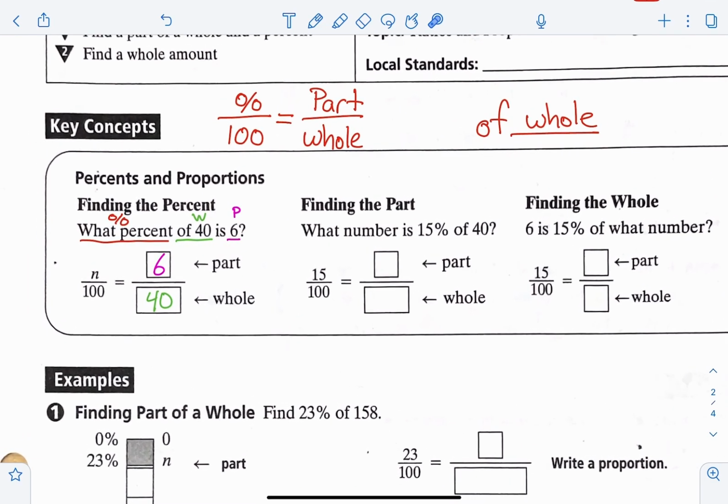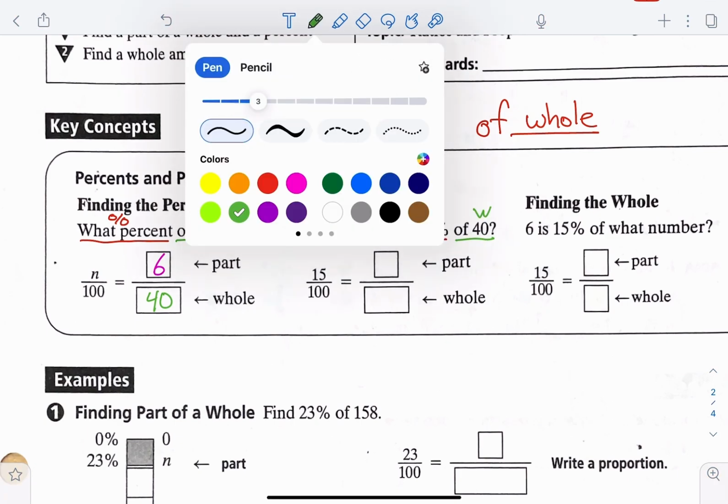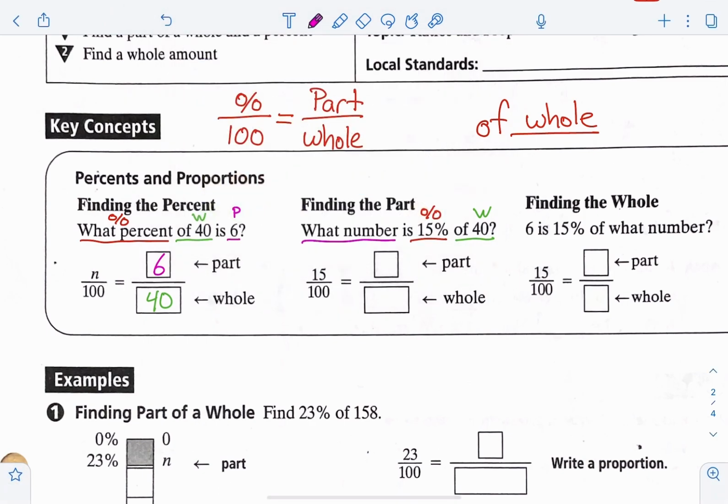If you have the percent and it says what number is 15% of 40, so that's obviously your percent, 40 is going to be our whole, so what number is left is going to be our part that we don't know. To set this up, they put 15 over 100 because we have percent over 100 equals part.